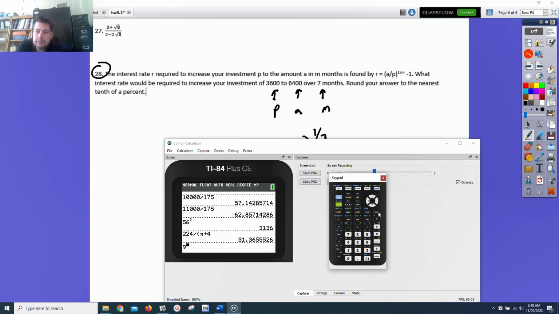I had, in a set of parentheses, 3,600 over 6,400, divided by, it's early, forgive me. She was raised to the 1/7 power, and then I took away 1. It's going to be a pretty impressive rate.